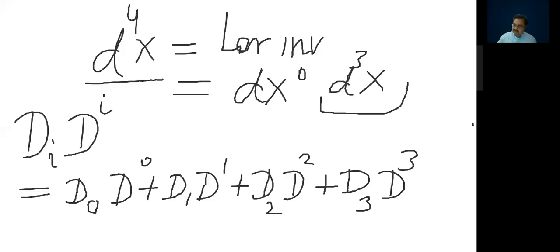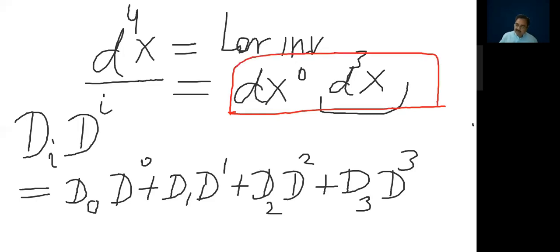Now, if our 4-volume is like di and di, and it has all these components, but in our expression on the right we have only this, then this expression tells us that it is the first part, that is d0 and d0.